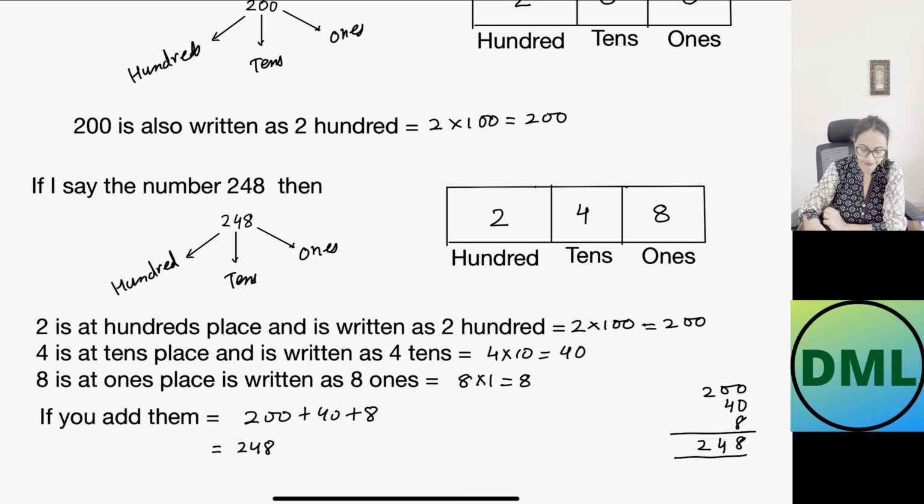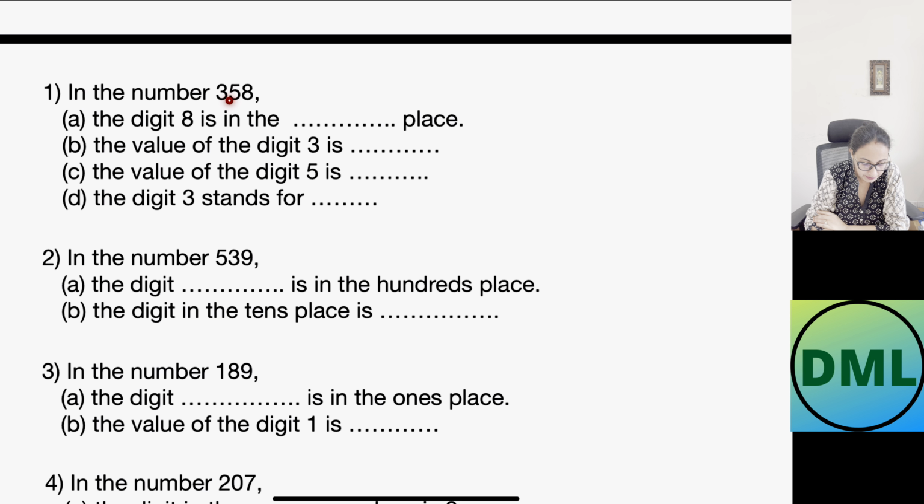Let's see one example here. In the number 358, the digit 8 is at dash place. Ones place, tens place or hundreds place. So 8 is at ones place. Let's write down the answer here as ones place. The value of the digit 3 is what?